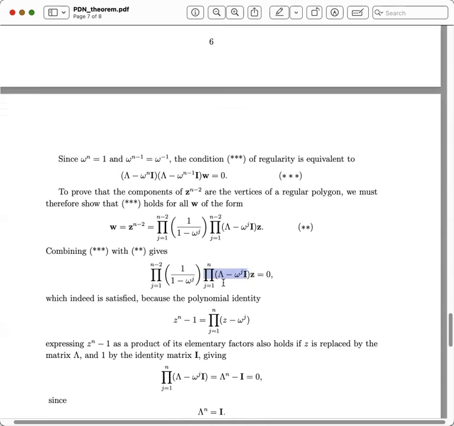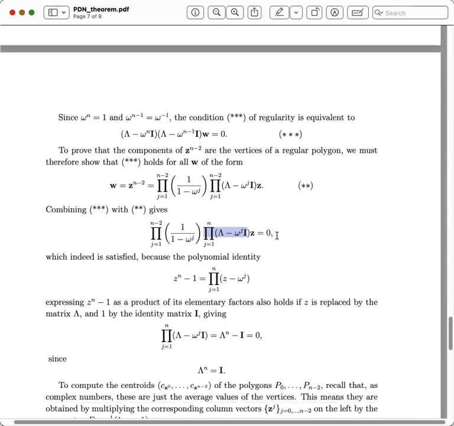So the equation for a regular polygon is given by this. And this equation is indeed satisfied simply because the polynomial identity which factorizes z to the n minus 1 into its elementary factors consists of the difference of z and the roots of unity.